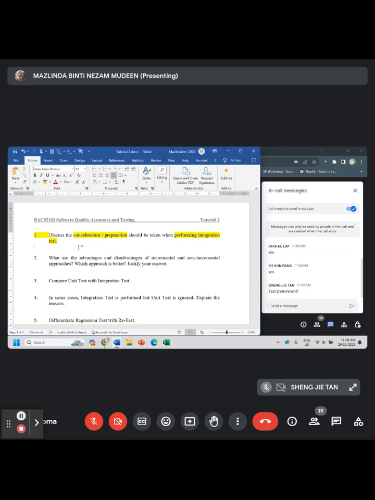But let's assume we are integrating the complete system with another system, or with another server, with another environment, then we have to make sure that the test environment is set up accordingly. But here, since we are still integrating the code, the modules, before it becomes a complete system, it is still at the lower level. So test environment is not really needed for integration test at this stage.